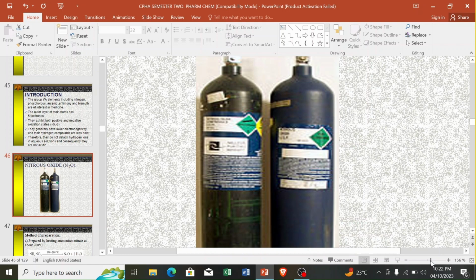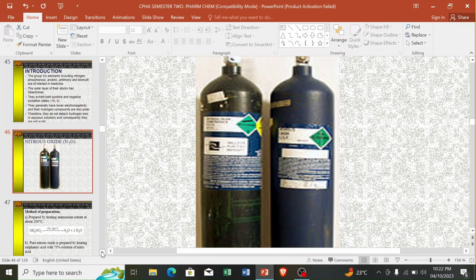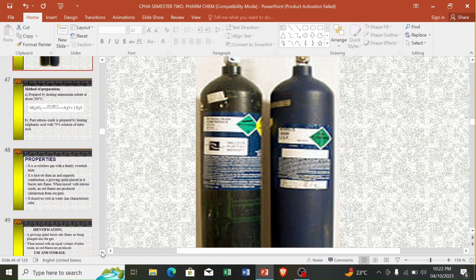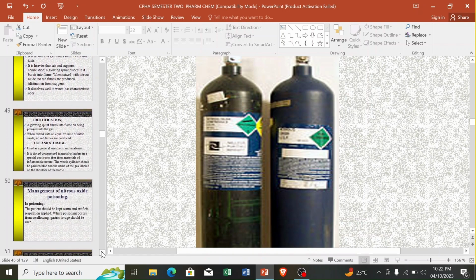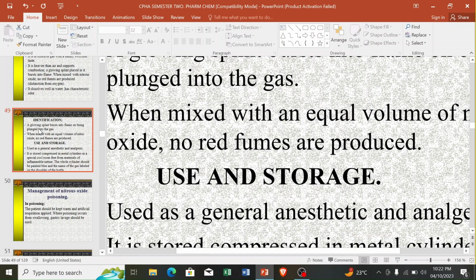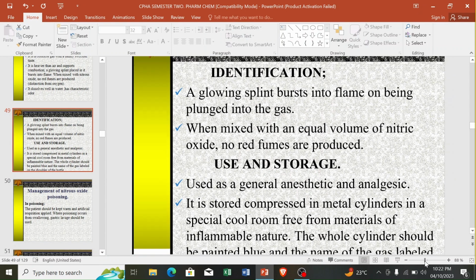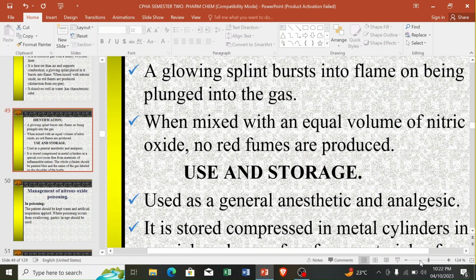The answer depends on how good your sight is. As for me, I am seeing navy blue. Others may see black, but I see navy blue. Never mind, but you need to store it in a blue cylinder, just like what we see there. It is necessary for us to pack it in such a cylinder.